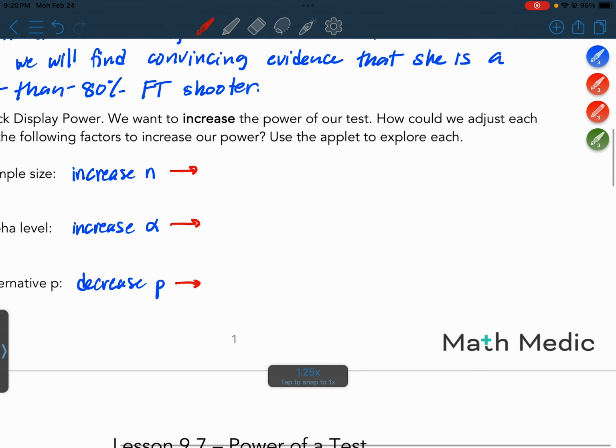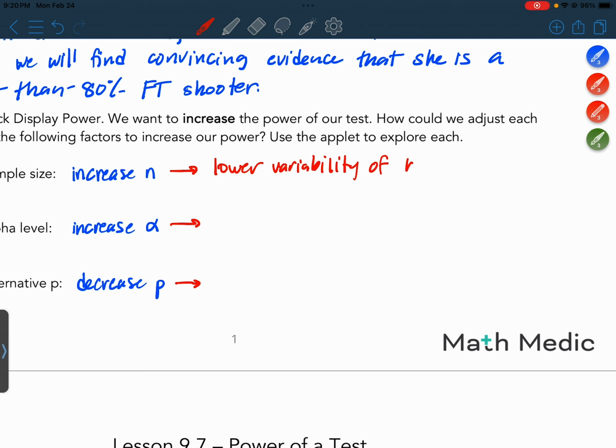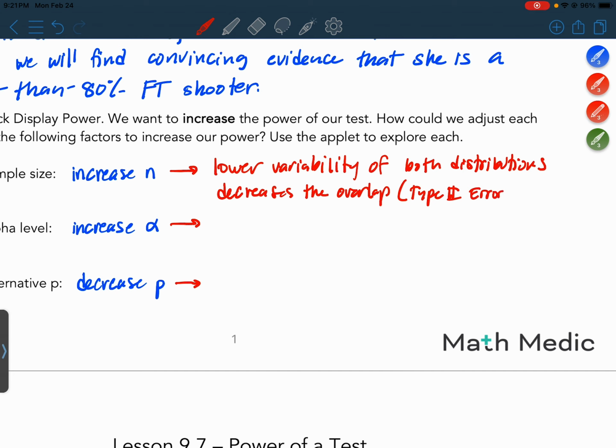So increasing the sample size will lower the variability of both distributions, and that in turn decreases the overlap. The overlap is where we found the type 2 error.